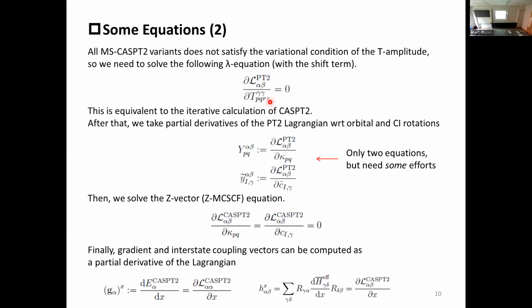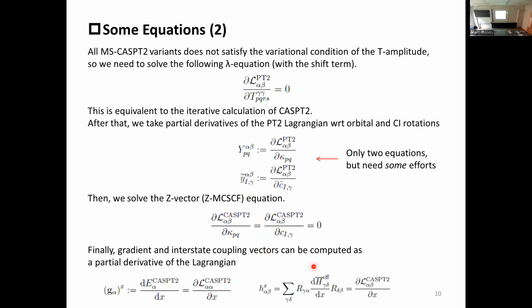And after solving this, we obtain the lambda, and then we can take the partial derivative of the PT2 Lagrangian with respect to orbital and CI rotation parameters. This is very tedious to implement. And then we solve the z-vector equation as usual.